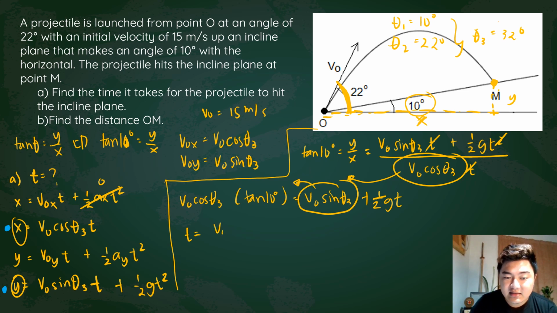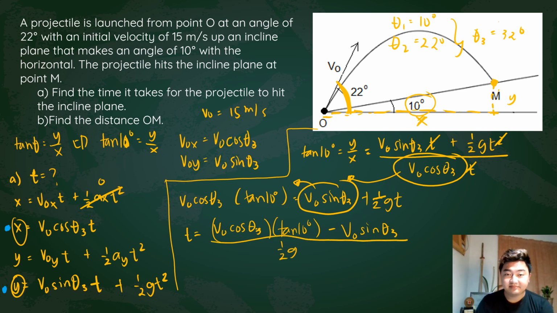So you'll get v0 cosine theta times tangent 10 degrees minus v0 sine angle over 1/2 g. When you transpose that, it becomes negative, or it becomes division.